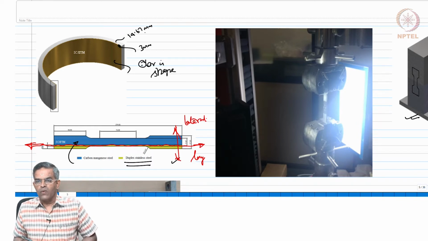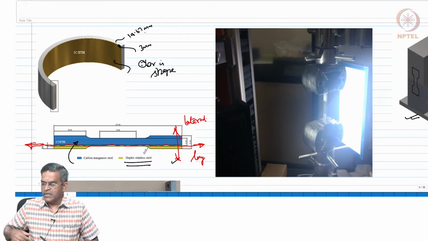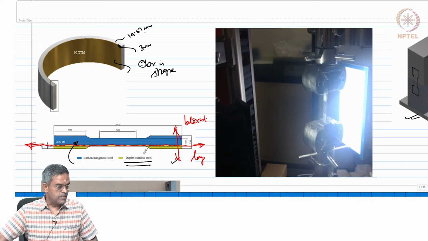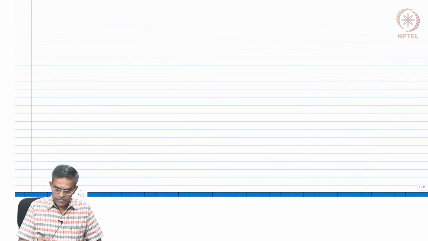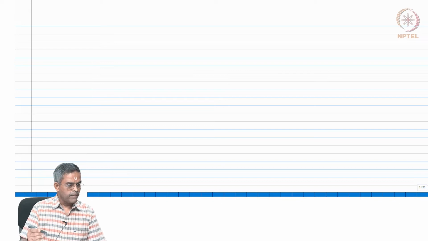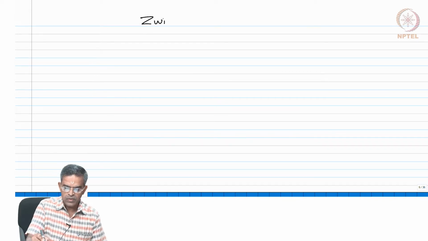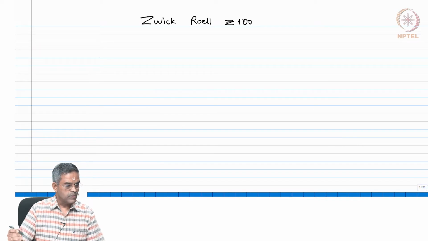And we now assess the stress strain characteristics of this material. So Poisson's ratio is estimated based on this and we are using the Zwick Roell Z100 UTM.